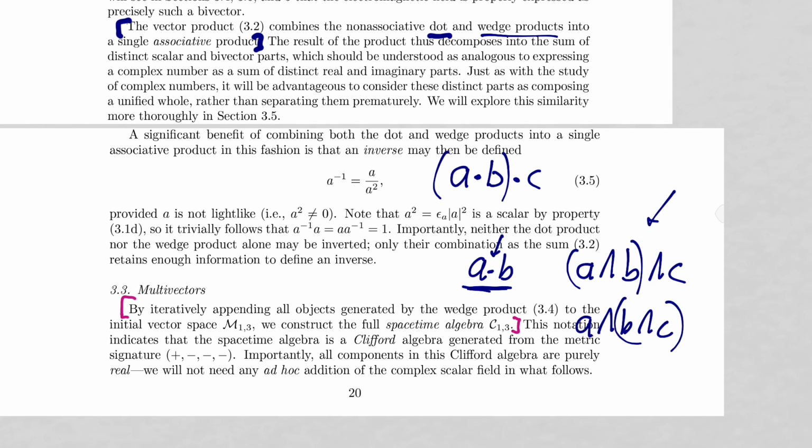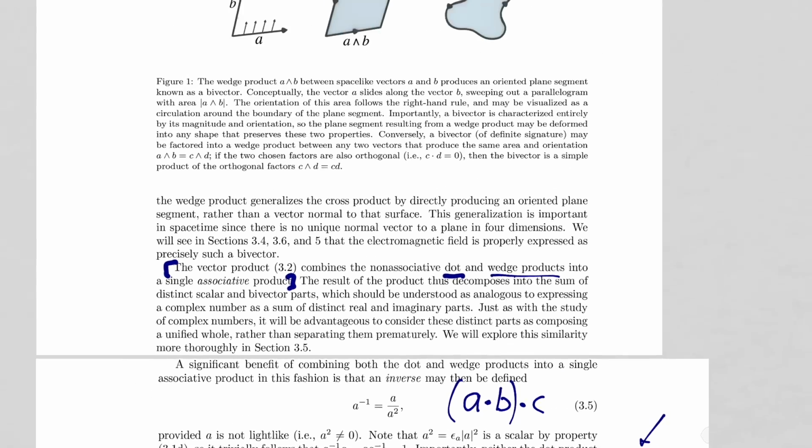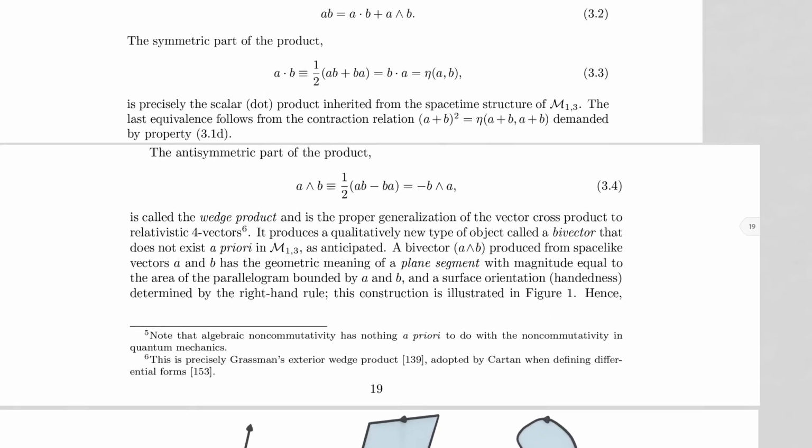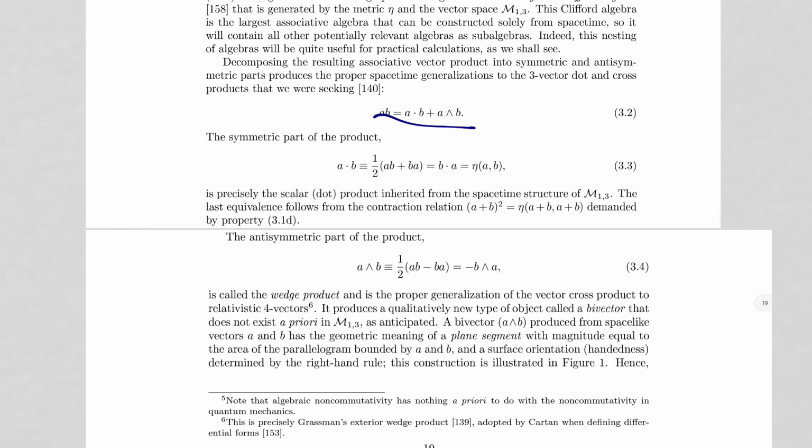So the wedge product is actually associative, but I think what they're getting at is, if you look at this expression, they say this guy is associative, which means A, B, C, you can split that up into this or into this, right?